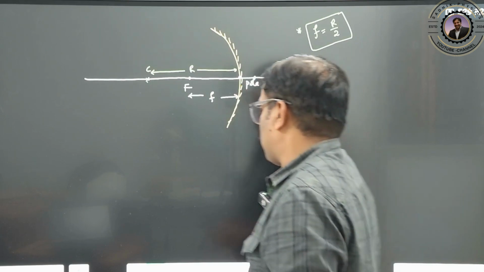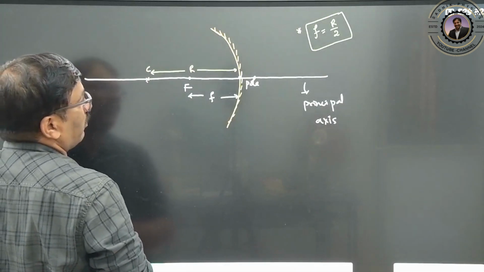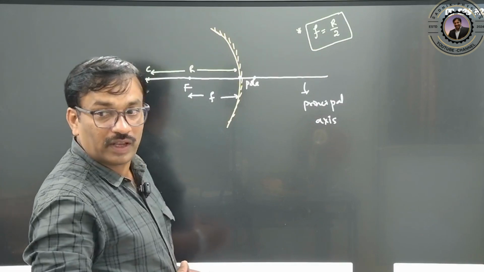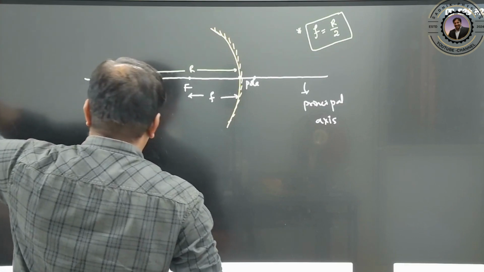Clear? Here it is going to create certain images, depending on where we keep the objects. One object you can keep at infinity.